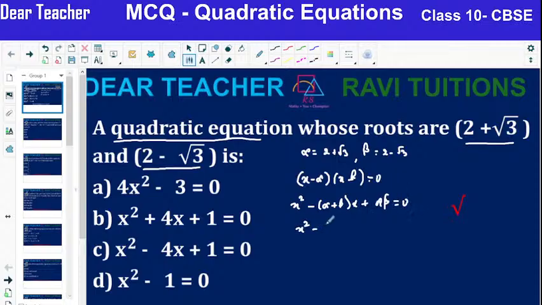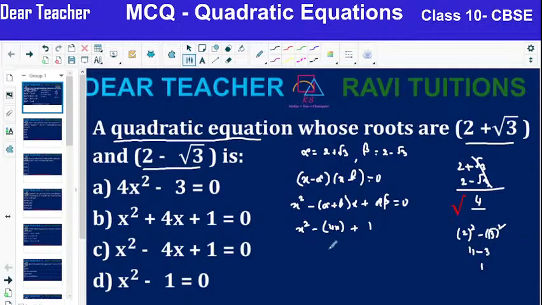So x square minus (alpha plus beta) x: add these two things, 2 plus root 3 and 2 minus root 3. If you add it, what happened? 4 will be getting. So minus 4x plus, if you multiply these two things, (a plus b) into (a minus b) is a square minus b square, 4 minus 3, 1.